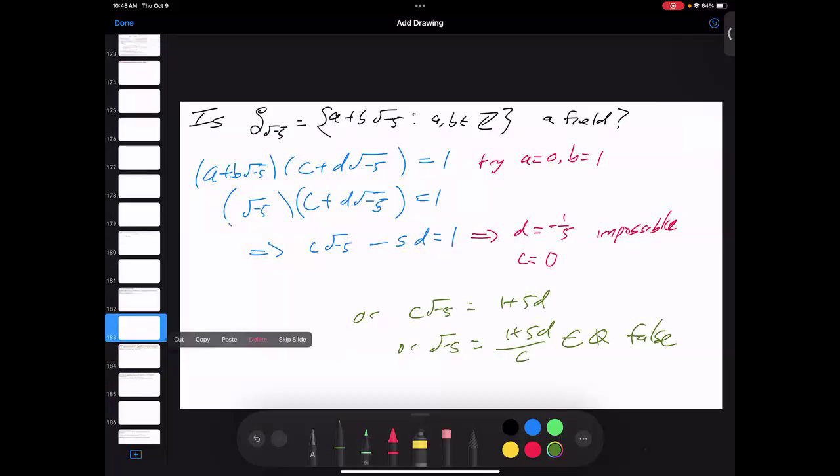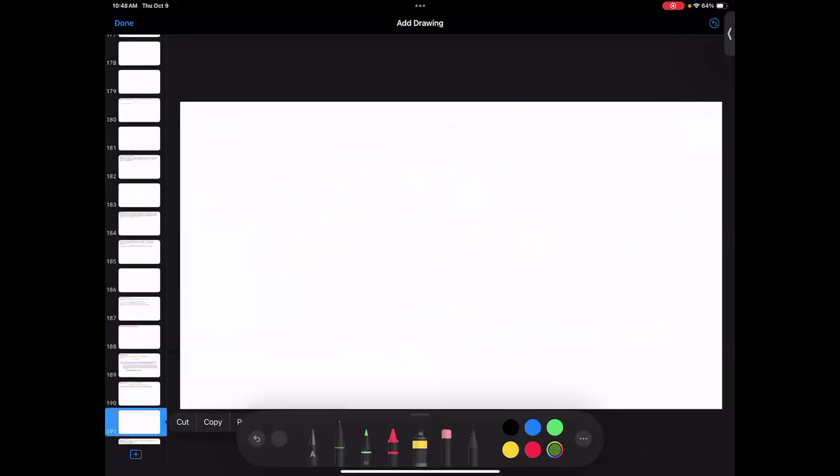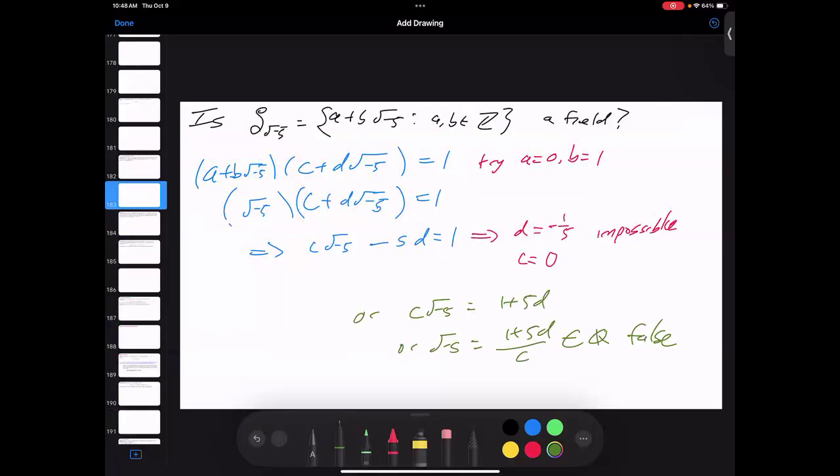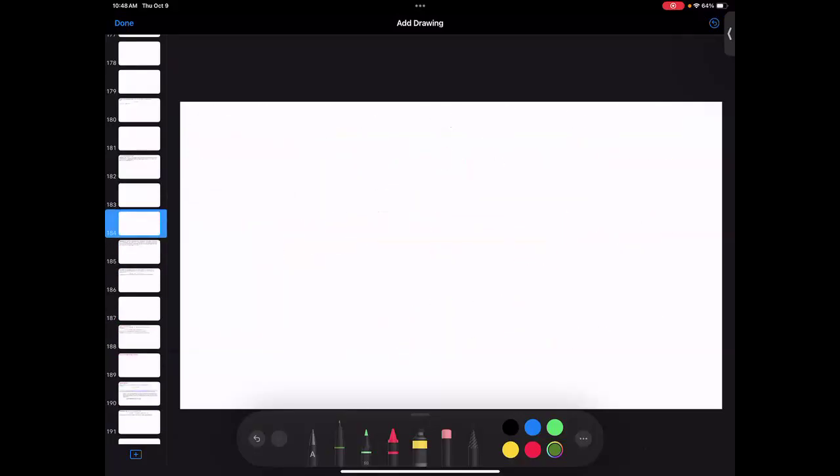Oops, I hit copy rather than paste. But what if we consider all the things of the form A plus B square root of negative 5, where A and B are rational.